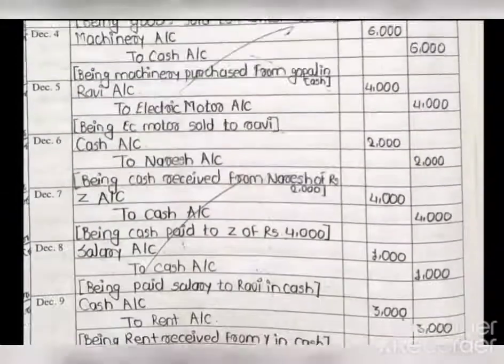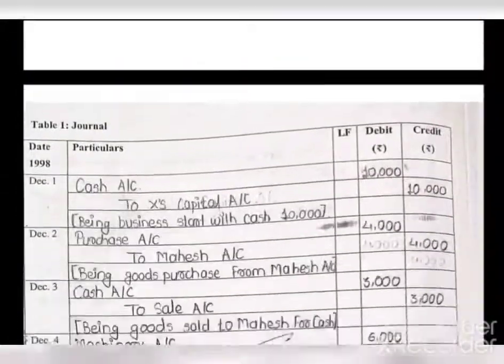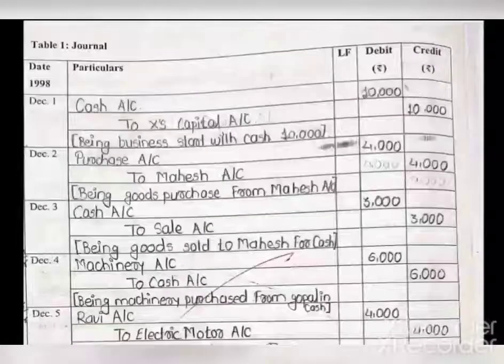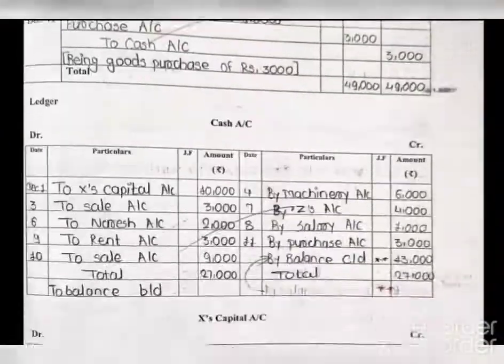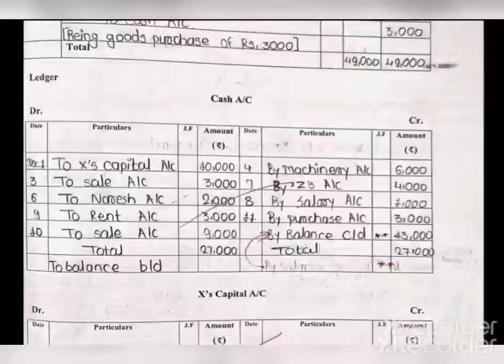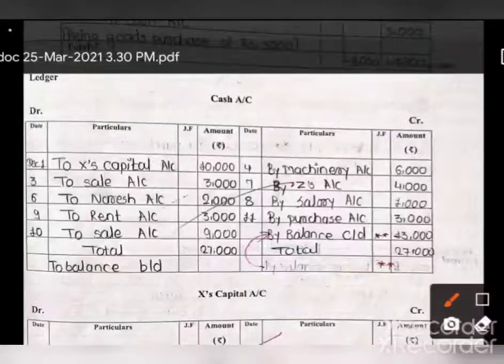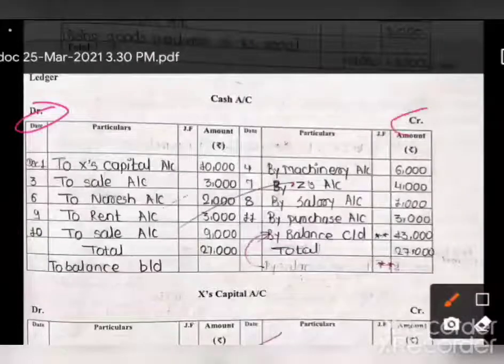I will explain from 1st of December: cash is debited in the name of capital account. So how will we enter this transaction? In the cash account, you can see the debit side and the credit side. Here is the debit, here is the credit.